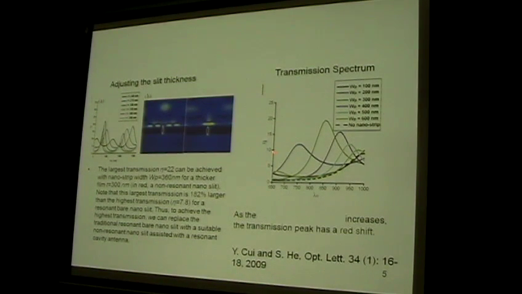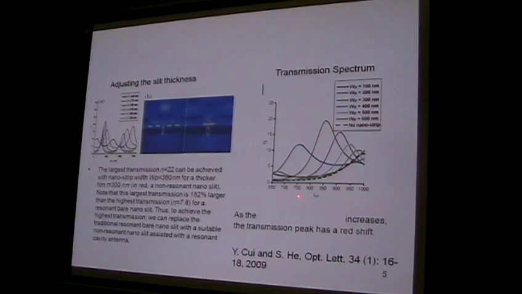And we can also tune the wavelengths to be harvested. With different antenna geometry, we can tune the resonant wavelengths, obviously, to the desired wavelength spectrum that we want to harvest.